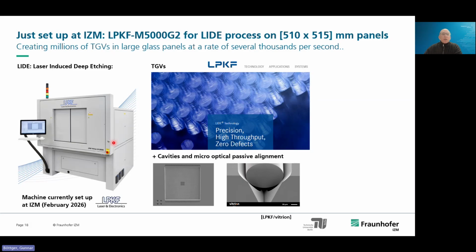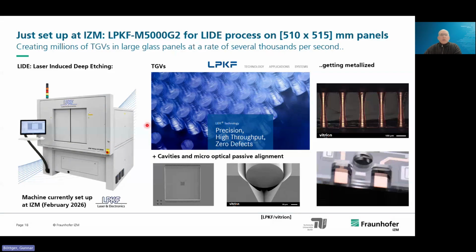We are currently setting up the machine, and we'll go into the full potential of this machine in the coming months. Of course, these through glass wires, if you structure them, also have to get metallized. We also have the machines available at IZM to do this, and are looking forward to make use of the full potential of this machine.